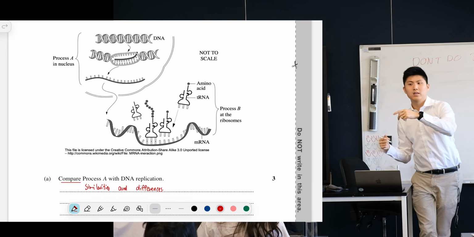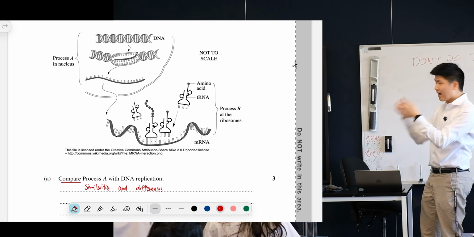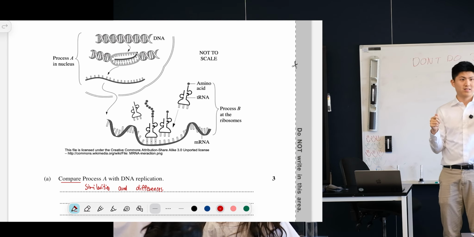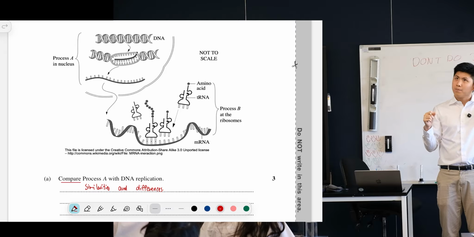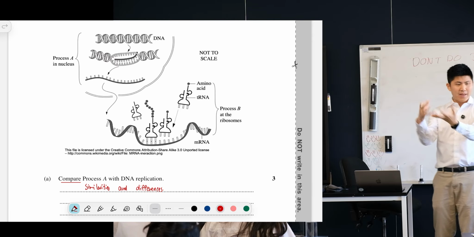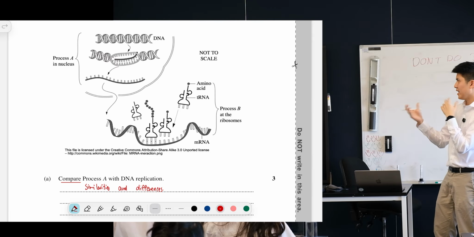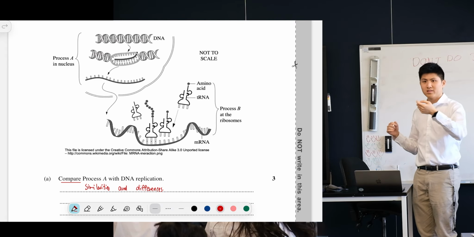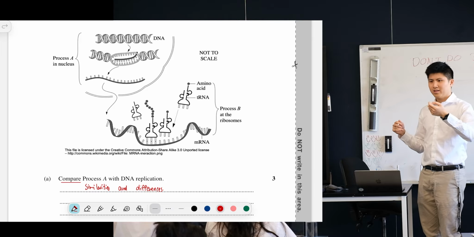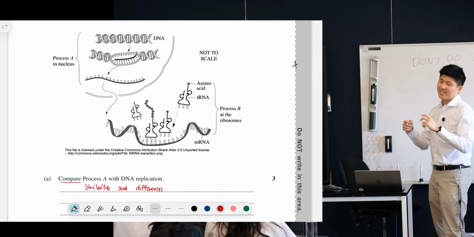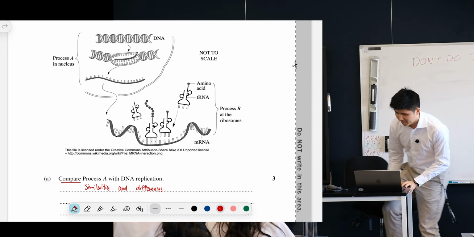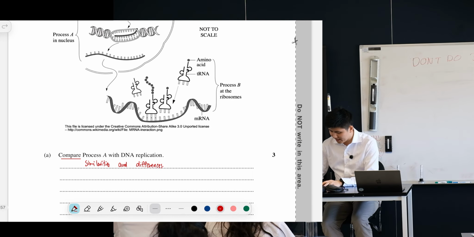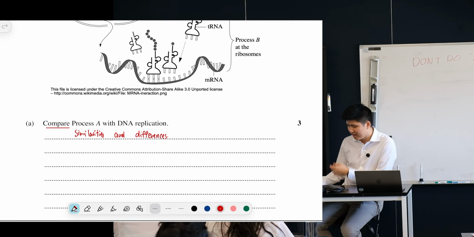Yes, Natalie? DNA is unwound in both. That's pretty good. Polymerase. A polymerase is what actually attaches the nucleotides in the sequence. Anything else? Hydrogen bonds breaking when the DNA unwinds. Yeah, you could mention that too. So for similarities, we could do any of those things.